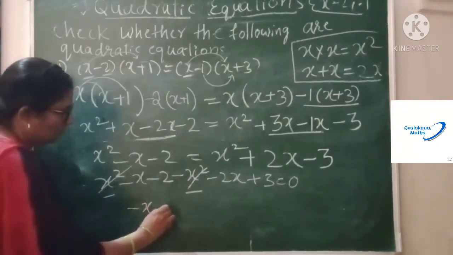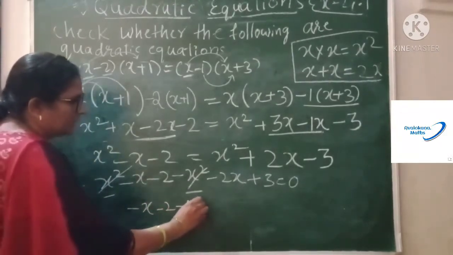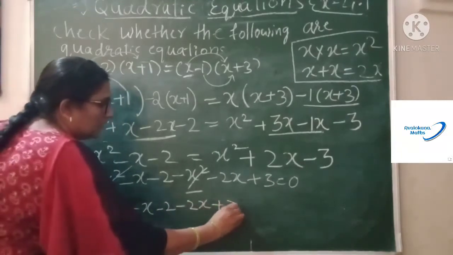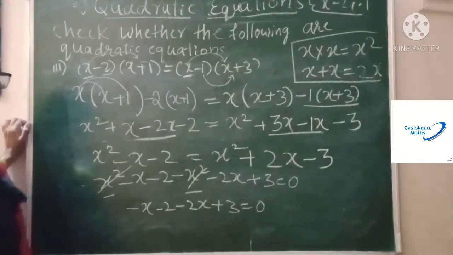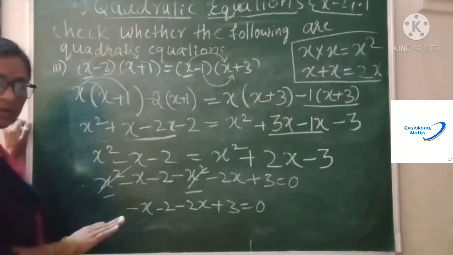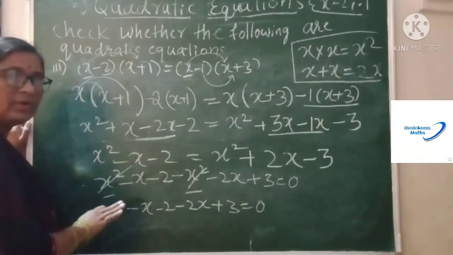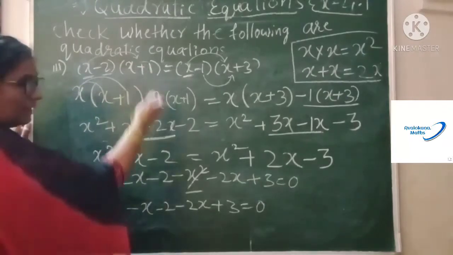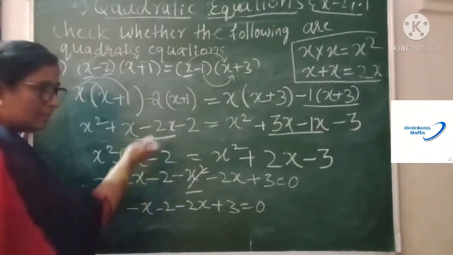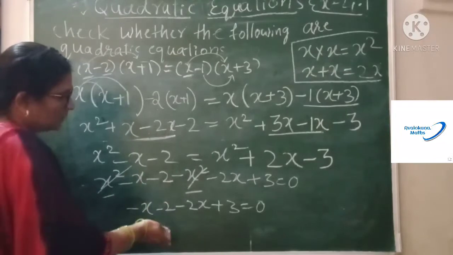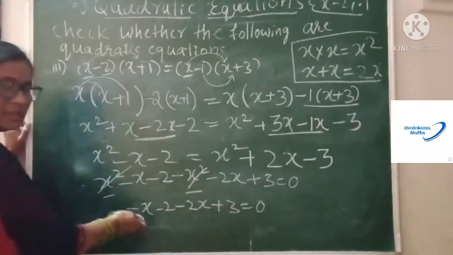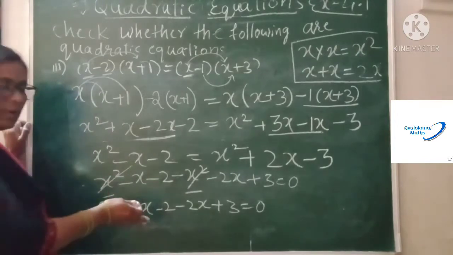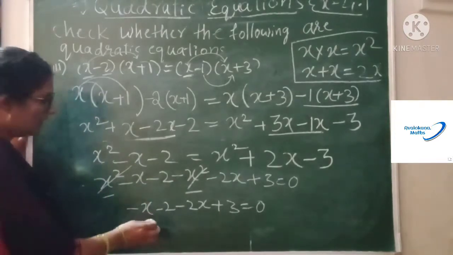Minus x minus... Write as many steps as you can, so that you can avoid the confusion and you are not going to make any mistakes if you solve step by step. Problems also become easy for you to understand and you will not make any mistake if you write step by step. Let the solution become lengthy, but you write step by step so that you can avoid the mistakes and confusions. Okay, now listen.